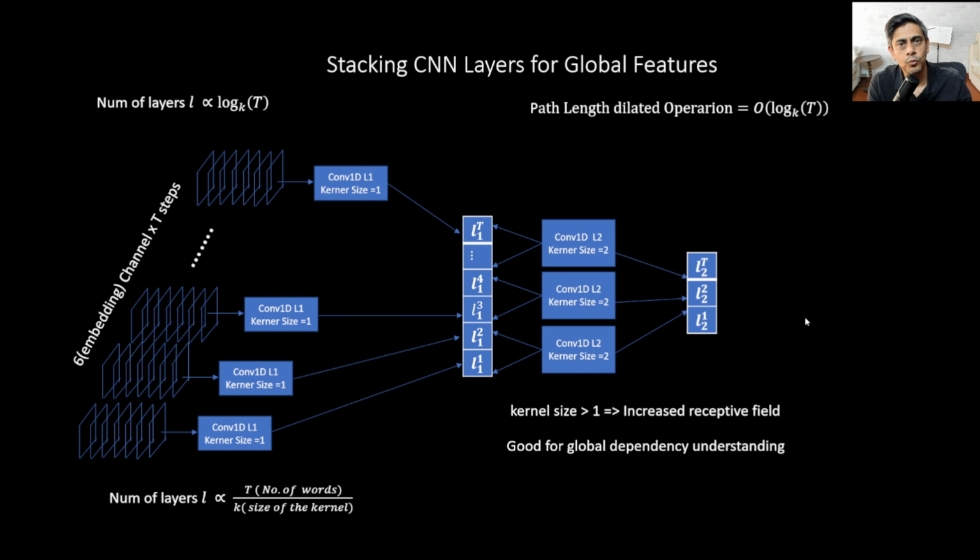Still it is able to do the dependency mapping between adjacent kernels, and we keep on adding such layers one after another, and in that case the number of layers will be t by k. Therefore in that case the path length will be t by k, not a sequential operation.